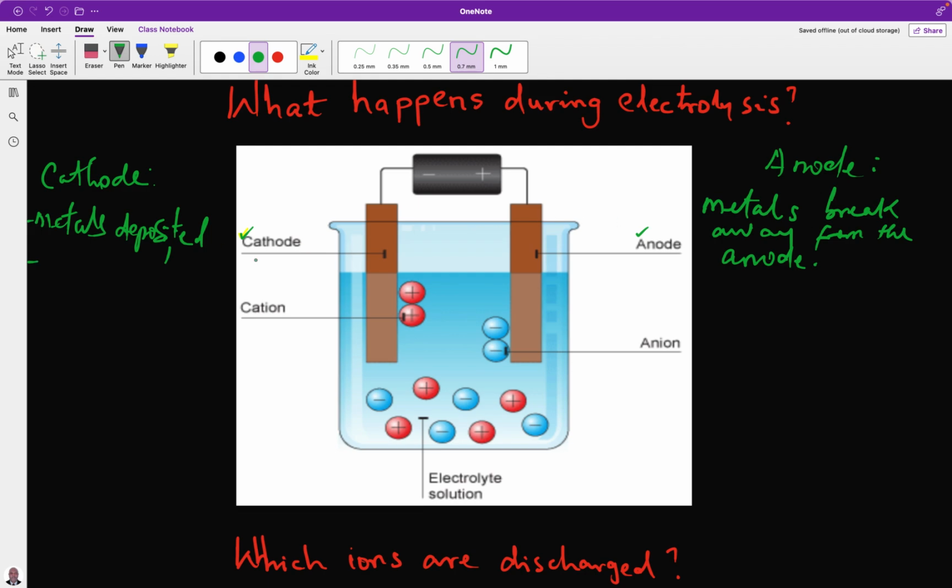Hydrogen will be released as a gas at the cathode.